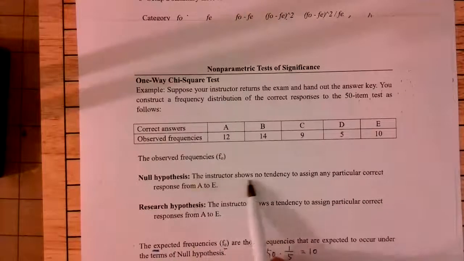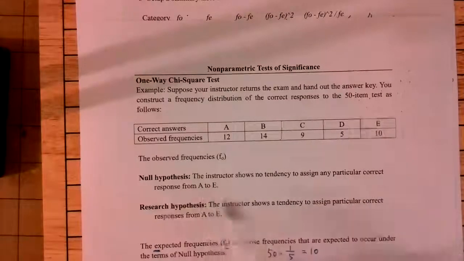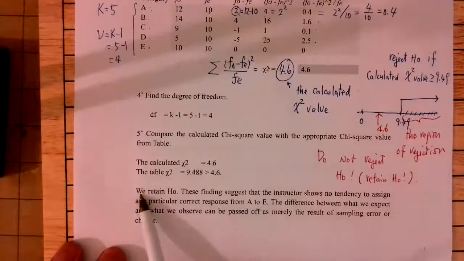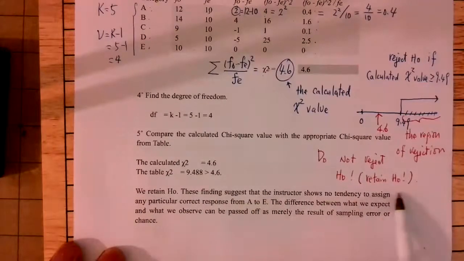The instructor shows no tendency to assign any particular correct response from A to E. So we retain H-naught. These findings suggest that the instructor shows no tendency to assign any particular correct response from A to E. The difference between what we expect and what we observe can be passed off as merely a result of sampling error, or chance error.